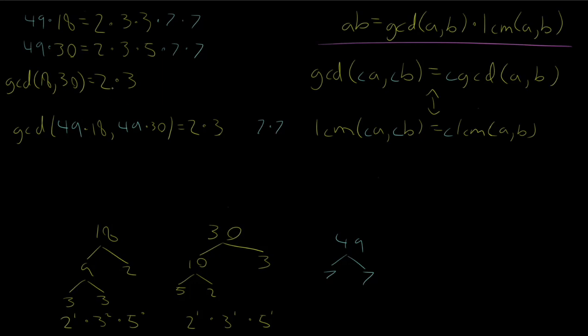So obviously, 2 times 3 is equal to the GCD of 18 and 30, and then 7 times 7 is equal to 49. And then this proves this identity over here. So we have a C and an A, and then a C and a B, same thing as this, and that's just the same as the GCD of A and B, which is 18 and 30, times the C, which is 49. So we've just proved this identity right here.